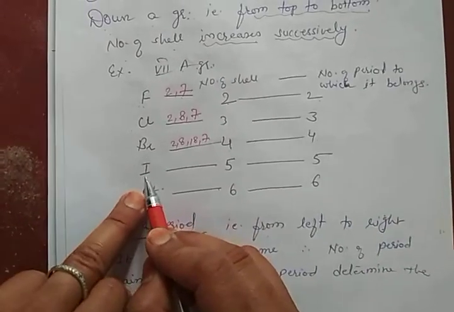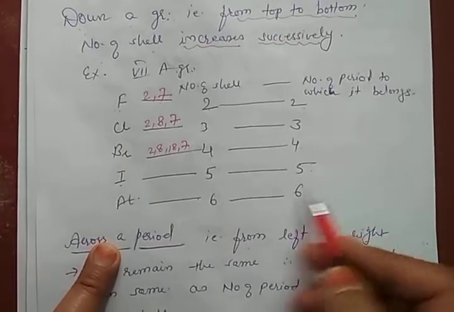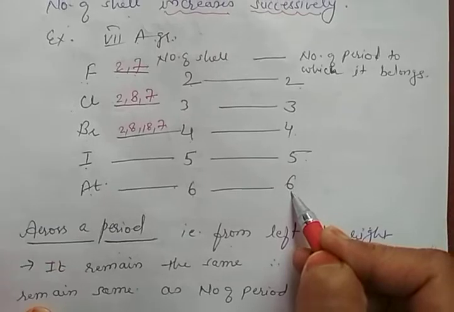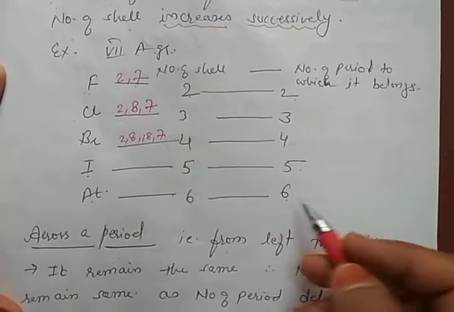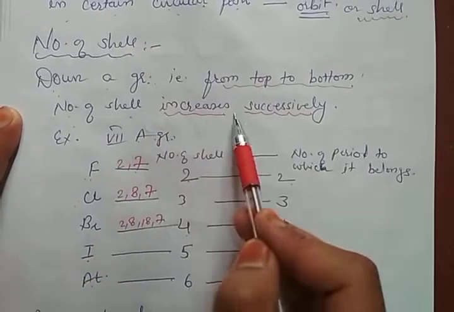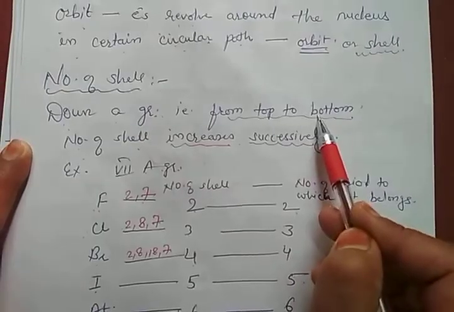Iodine has 5 shells, so it is present in the fifth period. In the same way, astatine has 6 shells, so it is present in the sixth period of the periodic table. Thus we can say that the number of shells increases successively as one moves down a group from top to bottom.